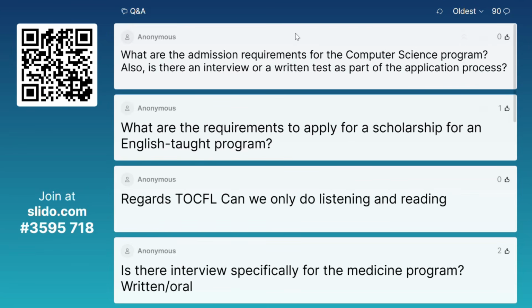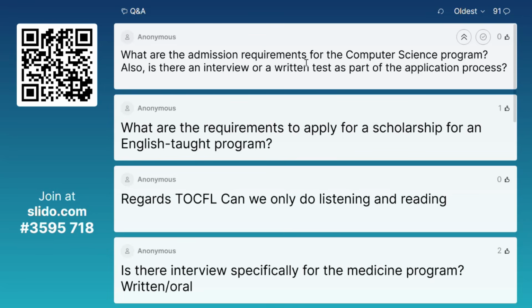And our next question is, what are the admission requirements for the computer science program? And is there any interview or written exam as part of the application process? Okay, so like I said before, some departments will have their own requirements.